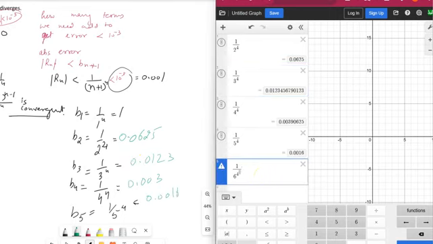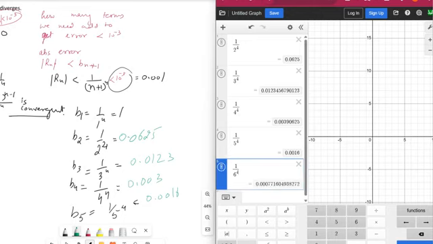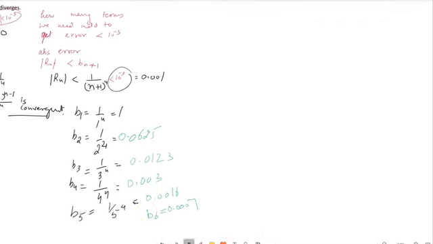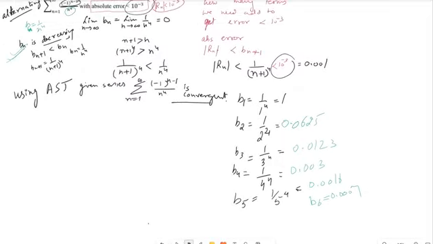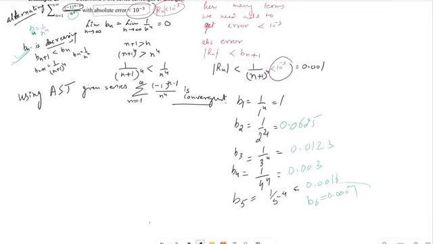And let's calculate this last one. B6 is 0.0007. So we notice that the first time when your term becomes less than 0.001 is at 6, right?